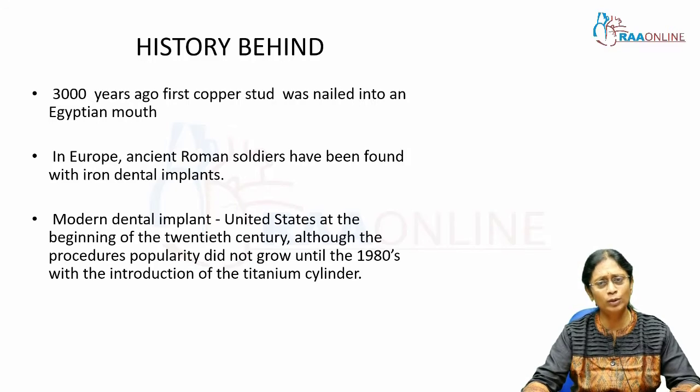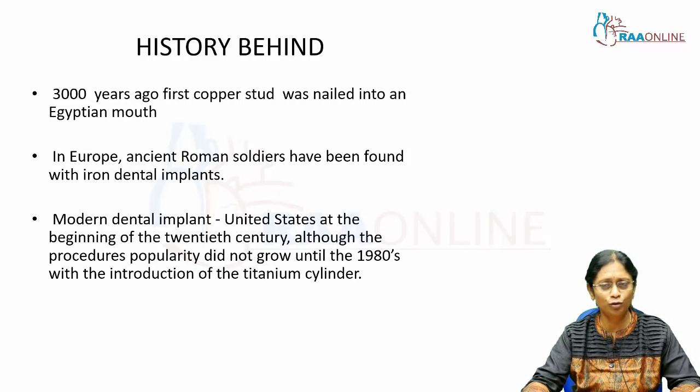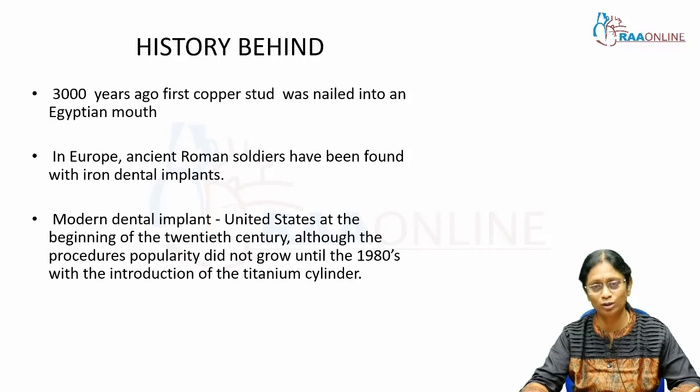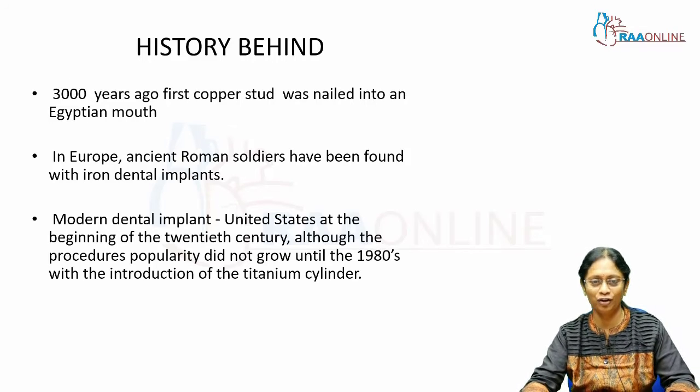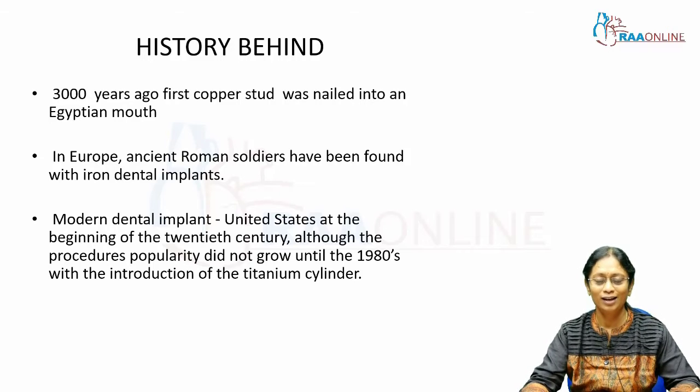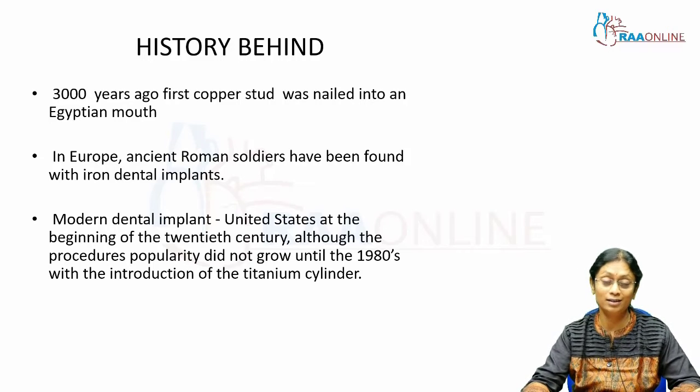That's how it started. Remember, dentistry was in the hands of the barbers, and slowly we modified, then the medicos started, and then it went on, and finally we are here. That's a big story in itself.